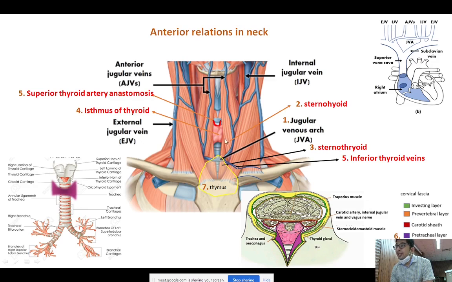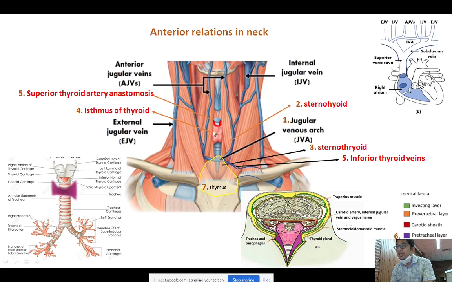After that you will get the sternohyoid and the sternothyroid. Then, going deeper, the isthmus of the thyroid. The thyroid gland has two lobes connected in between by a portion known as the isthmus. This isthmus lies against the second, third and fourth tracheal rings.